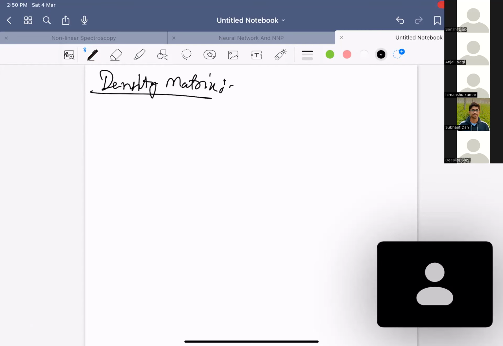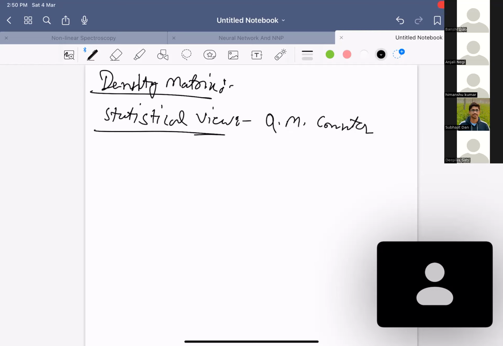Mostly we are aware of the statistical view of the density matrix, which defines that it is the quantum mechanical counterpart of this classical distribution function.